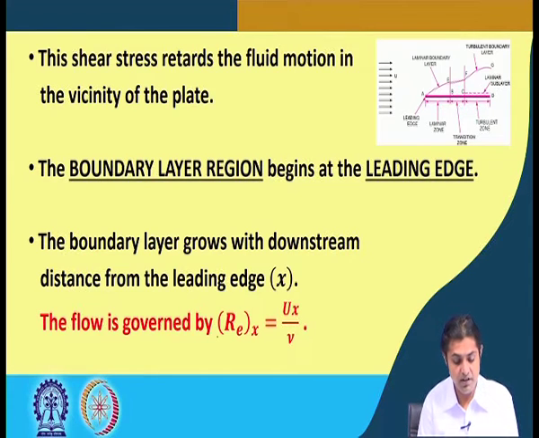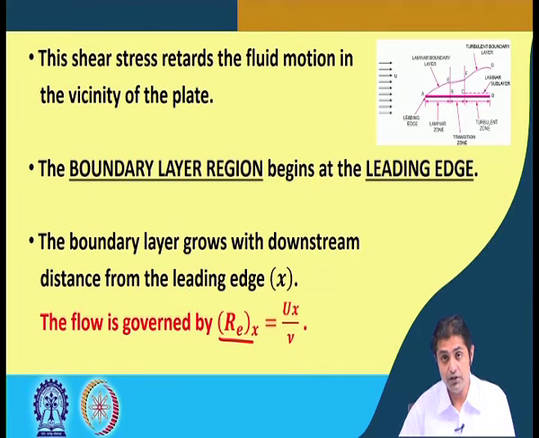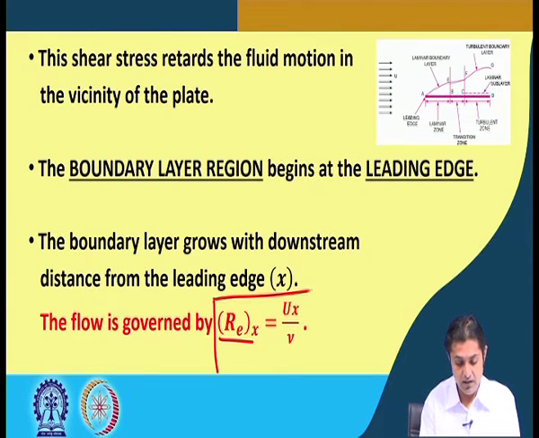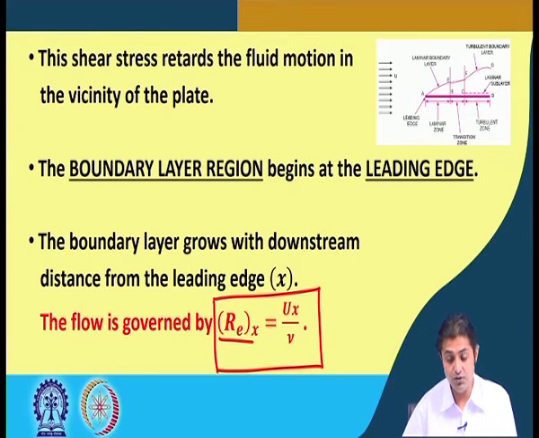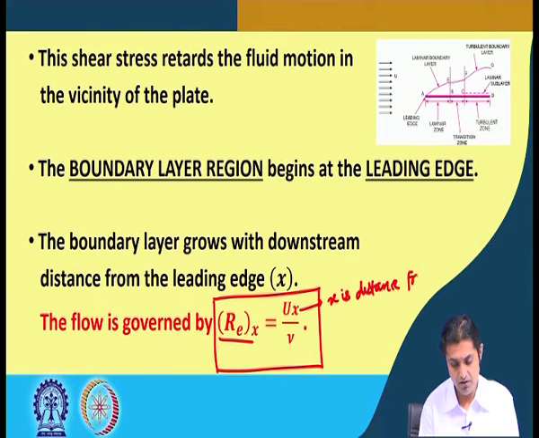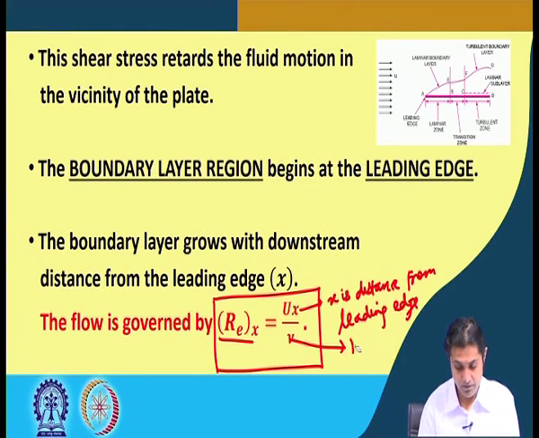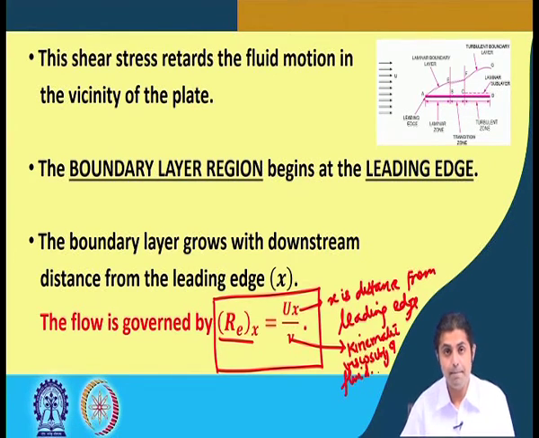So, there is going to be a Reynolds number associated with this type of phenomenon, that is the development of the boundary layer, which is given here: Re at a distance x is given by u x by nu, where u is the free stream velocity, x is the distance from the leading edge of the plate, and nu is the kinematic viscosity of the fluid.